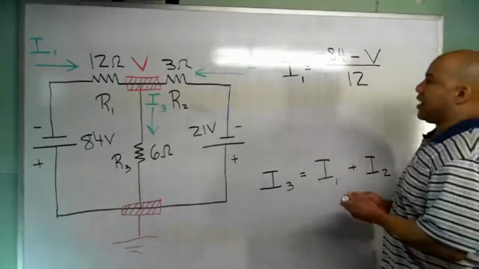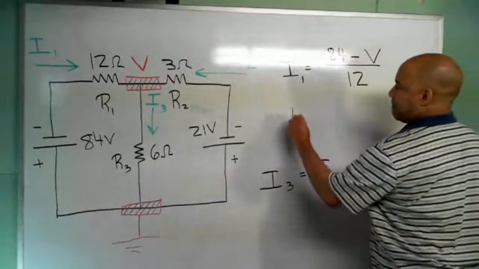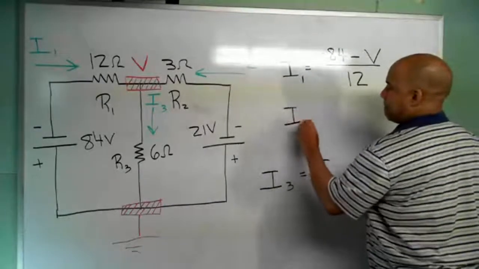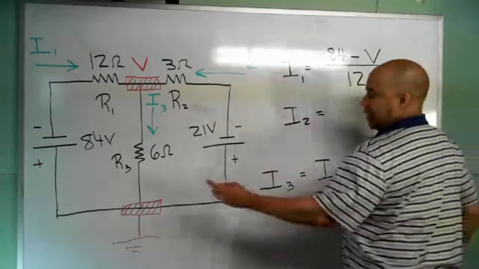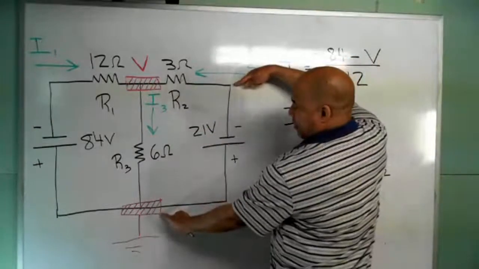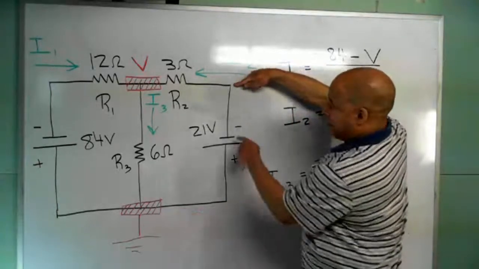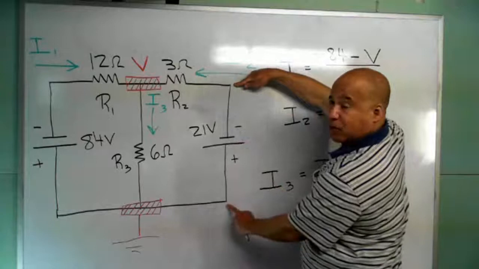Now you do the same thing for I2. I2 equals, again, I take my black lead and put it here, my red lead is here, I'm across 21 volts, but since the battery is flipped upside down, it's going to read negative 21.